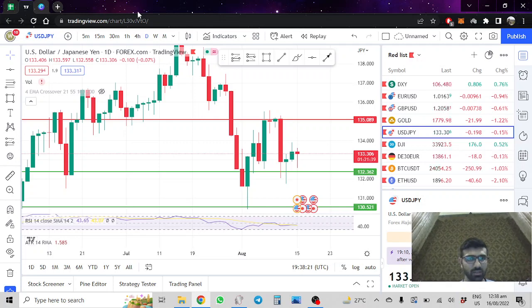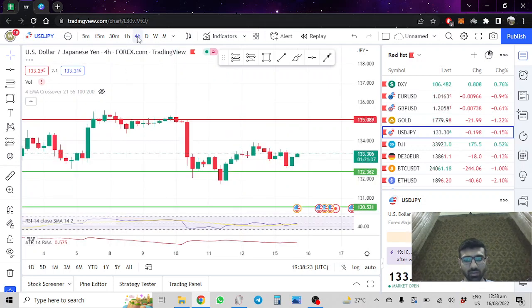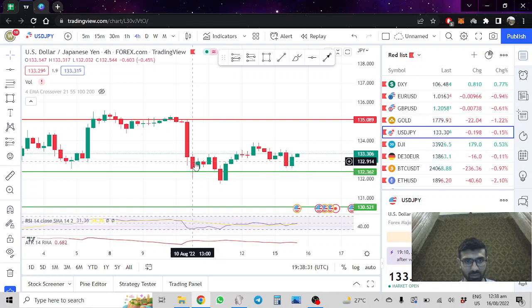Let's go to the shorter time frame to see if we have any potential trades available. This is the level over here, but this level has not been respected and the market has closed below it.